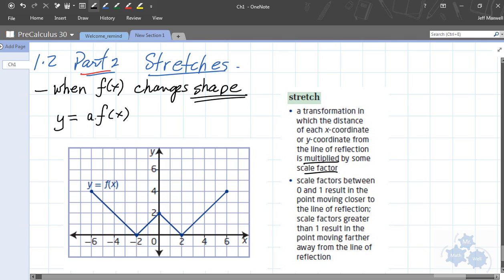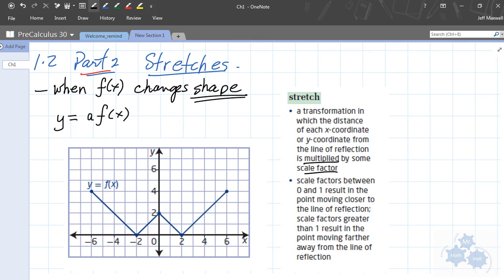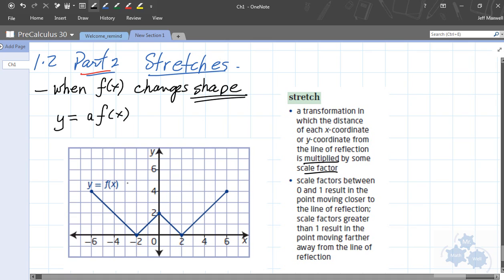And really, if you think about this, and you can look on page 27 too if you want. We're going to be dealing with the example, and actually this example starts on page 21, but 27 is the summary page. So what we're going to do is look at the graph of, I'll show this in red maybe, y equals 2f of x. Okay? So if you think about this, f of x in the original function is equal to y.